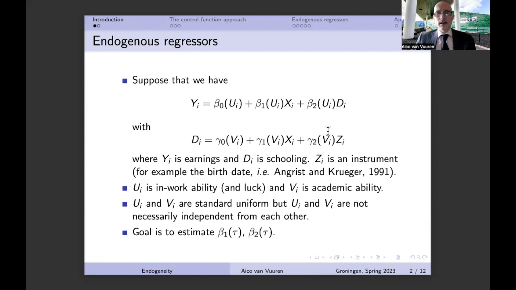And that means that if I'm going to make a comparison between high levels of D and low levels of D, then I do not only make a comparison in terms of the D's that we have over here, but I also make a comparison in terms of the U's.